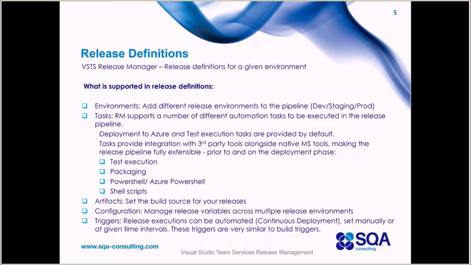And as mentioned previously, we can manage release variables across multiple release environments and also have shared configuration variables across the different environments. Pretty much as we can do with the build definitions in continuous integration, we can automate release executions, and we can set them manually or at a given time.